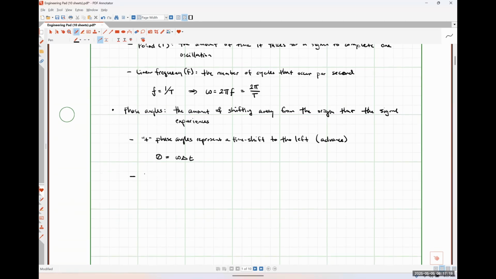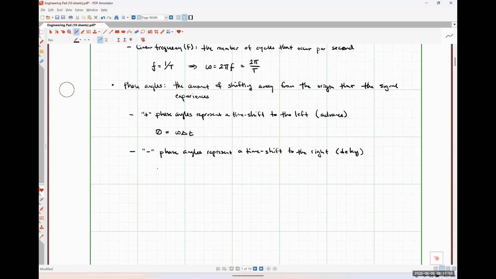Negative phase angles represent a time shift to the right, which means we are delaying our signal because it's starting its cycle later than we expect.